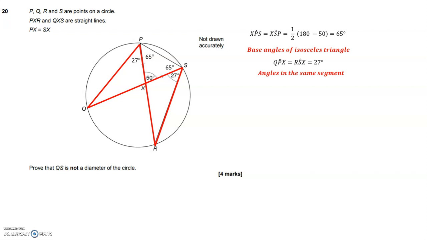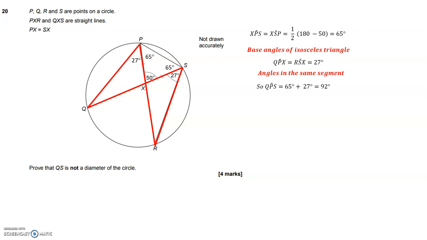Okay. What I can do now is this. I can add up the angles at P, the 27 degrees and the 65 degrees. They add up to 92 degrees. Now then, if QS were a diameter of the circle, then QPS would be a semicircle.